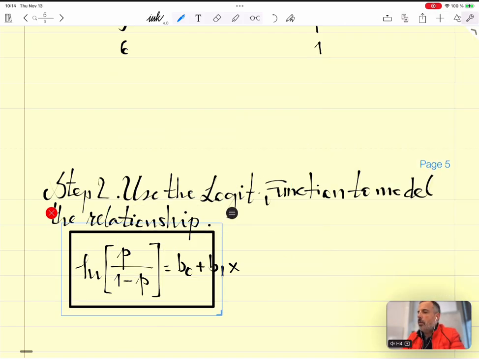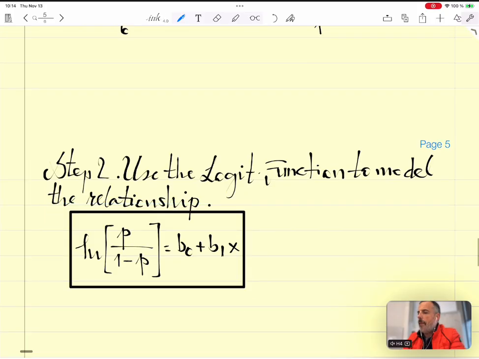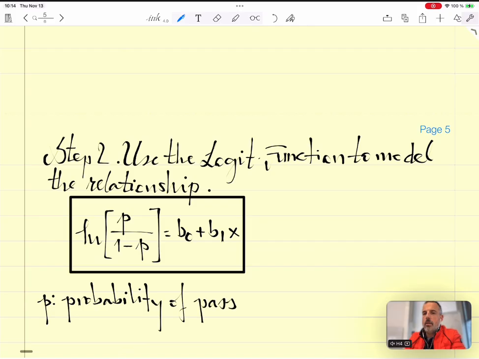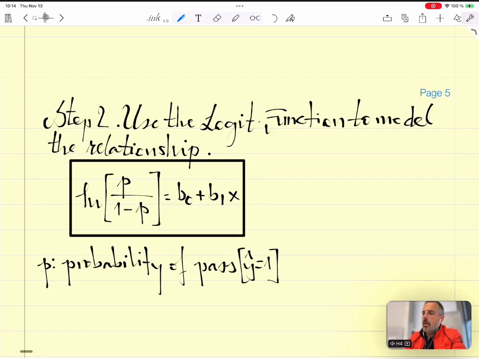So what does p mean and so on? P is the probability of pass. Okay? So the probability of y with a hat equals 1. B0 is the intercept.